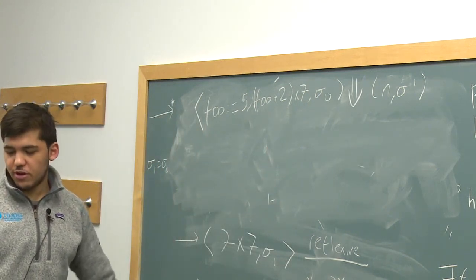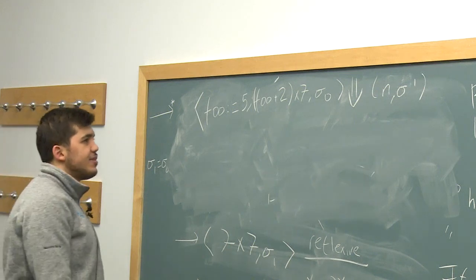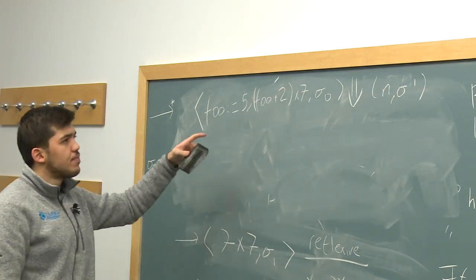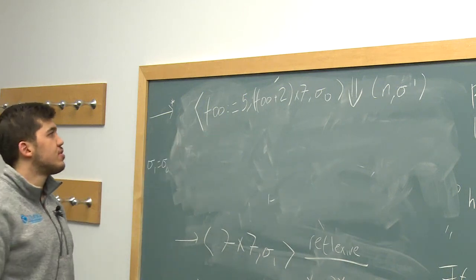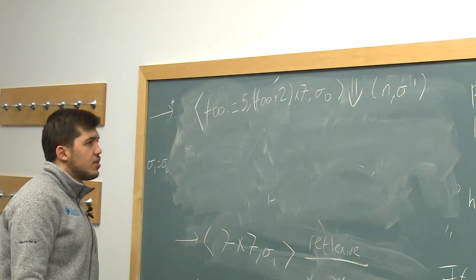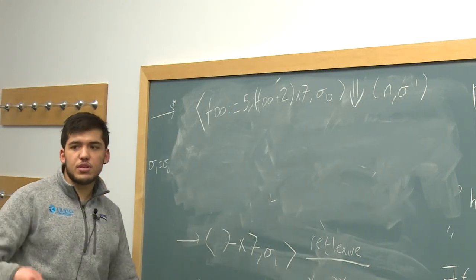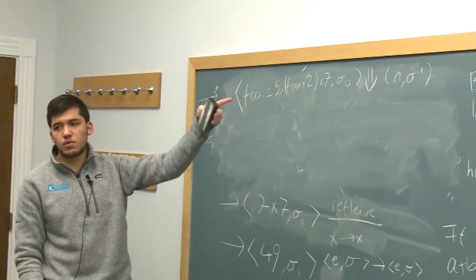So, what would your guys' intuition say about this? We need a different store, and we need a value for n to result in. So, can you guys just, without doing derivations, just on paper, mentally reason out what n would equal and what sigma prime would equal?